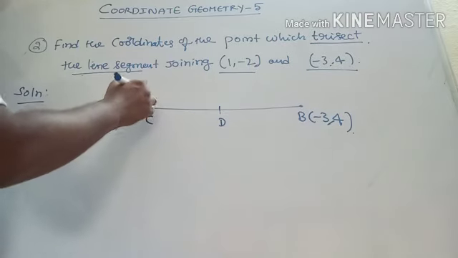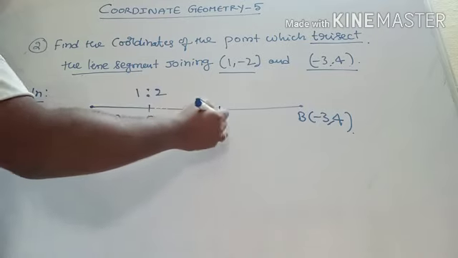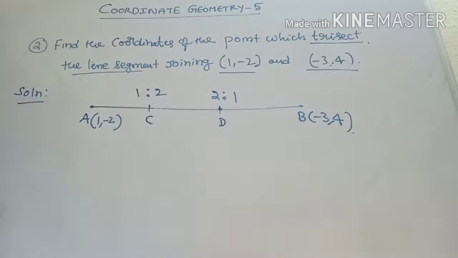Now C is dividing this in the ratio 1:2, and D is dividing this in the ratio 2:1. Now let us find the coordinates of C and D, which are the points of trisection. How are you going to get the coordinates of C? First the x coordinate.